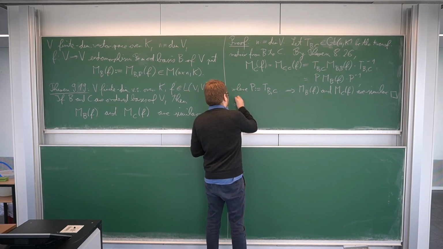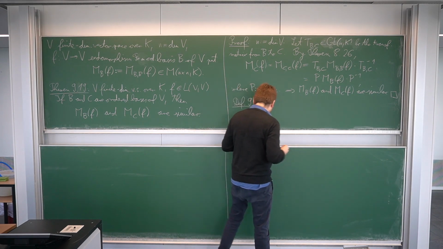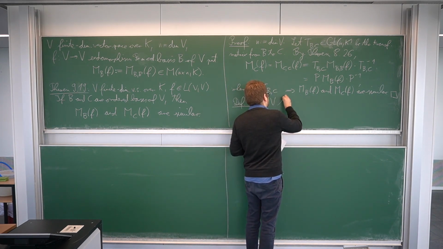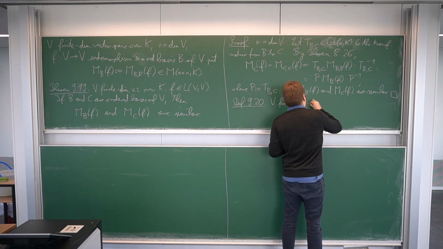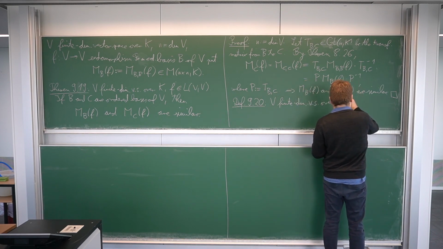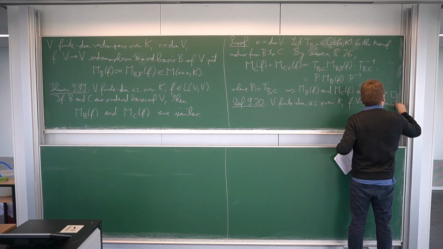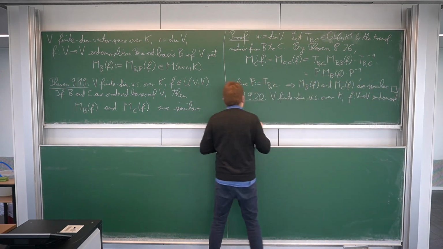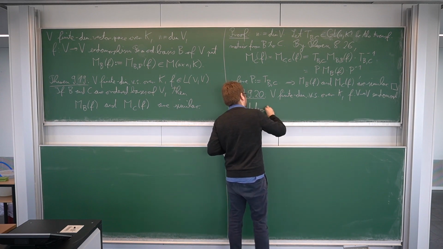Now, so this is definition 920. So let V be a finite dimensional vector space over K. F should be an endomorphism. Then we define the determinant of F, this is what we call it.